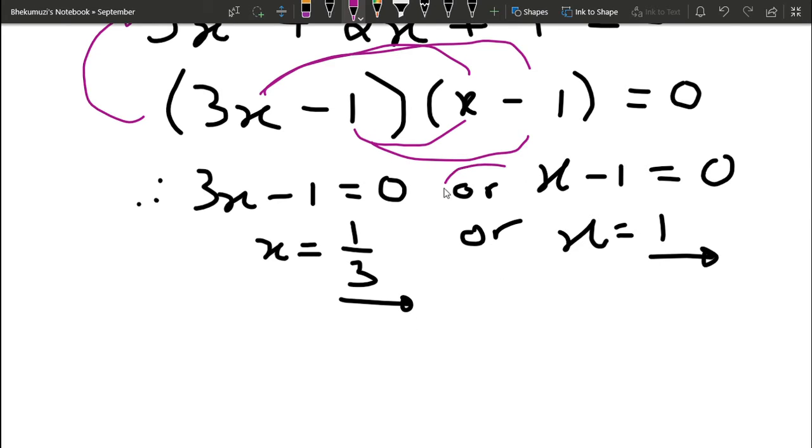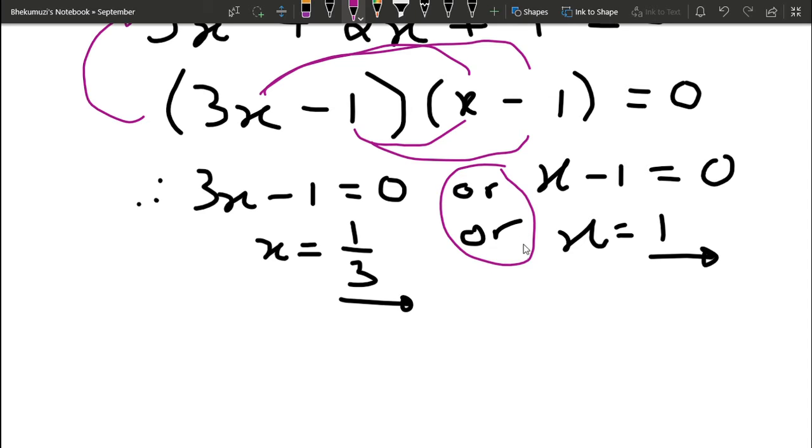Now, another important thing: we always say "or", because "or" means that x is equal to one of the two at any moment. If it's equal to 1 or it's equal to 1 over 3, it will make this equation equal to 0.